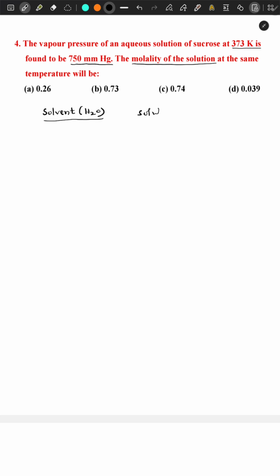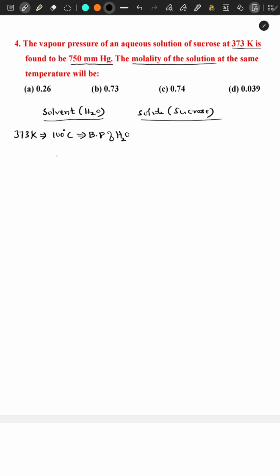Sucrose. Solute is sucrose. Okay. So now what is the given information? 373 Kelvin means in terms of degree Celsius it is 100 degrees Celsius. So 100 degrees Celsius is the boiling point of water, the boiling point of the solvent.